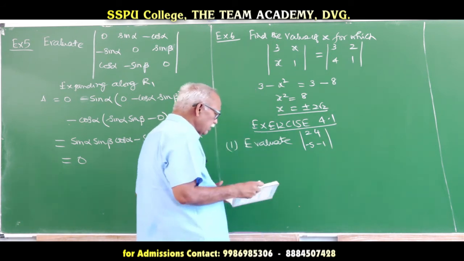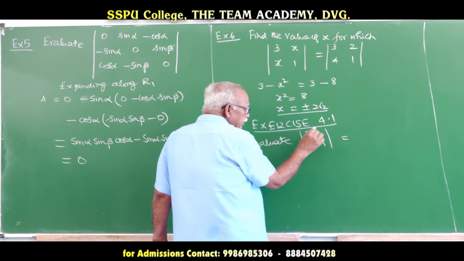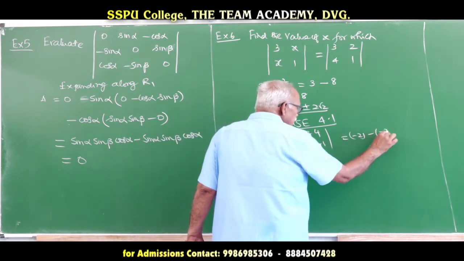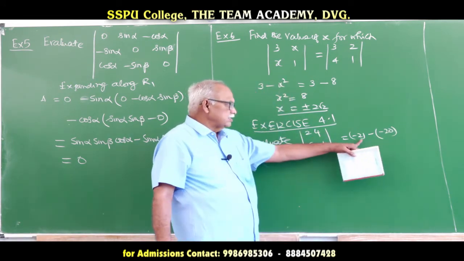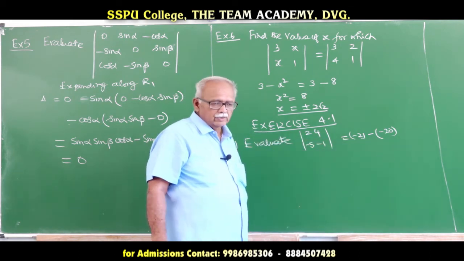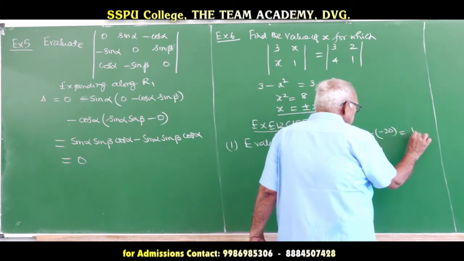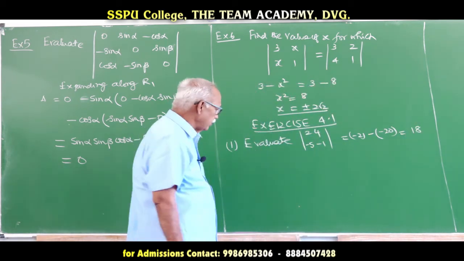So, evaluate the determinant. Directly we can do it. How to multiply? Principal diagonal elements: this is minus 2. Minus 5 into 4 is minus 20. This is the product of the principal diagonal elements, minus the product of the secondary diagonal elements, subtract it. Now, what is the answer? This is minus 2 plus 20, which is 18.